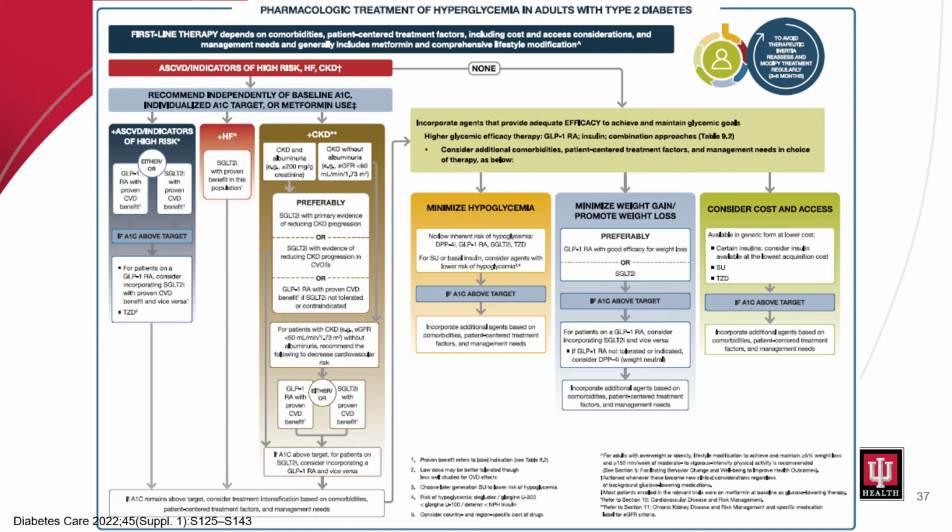So again, returning to our graphic, we started our first line agent of metformin. We're feeling good. The patient is buying into comprehensive lifestyle modifications. Now what do we do? So the next line of this graphic shows that we'll now consider if the patient has ASCVD risk indicators, heart failure, or chronic kidney disease.